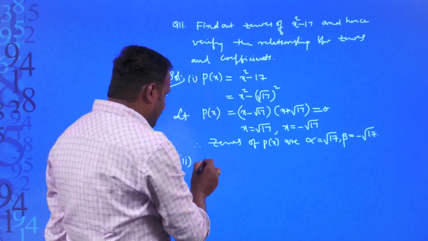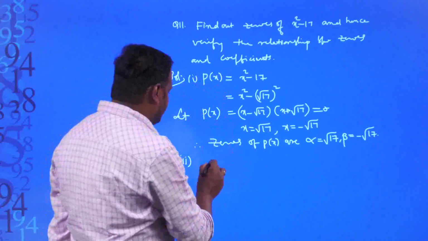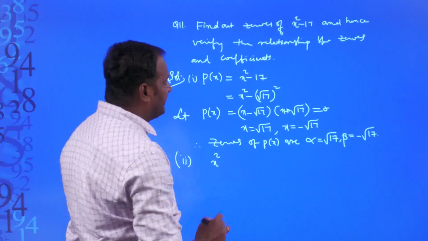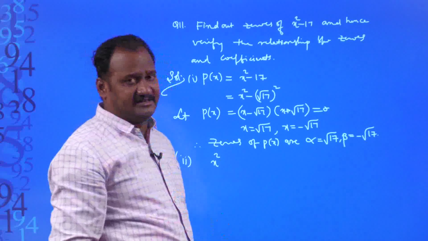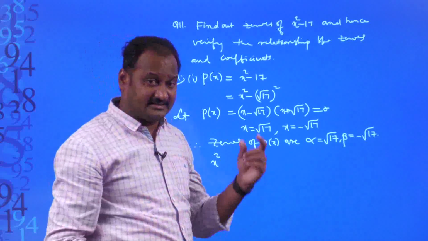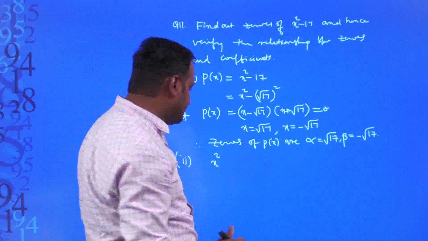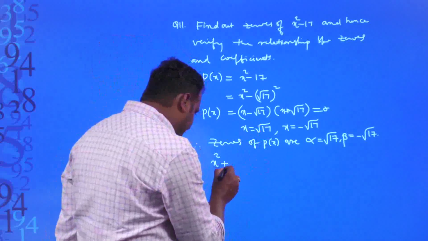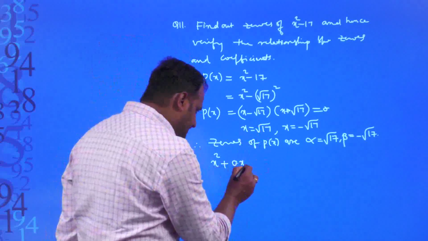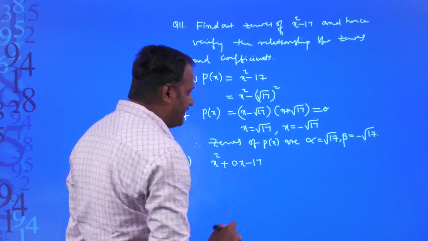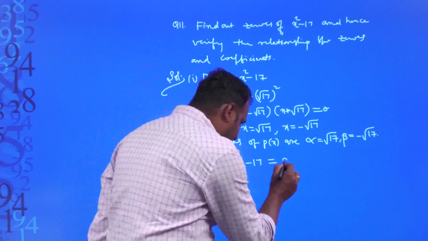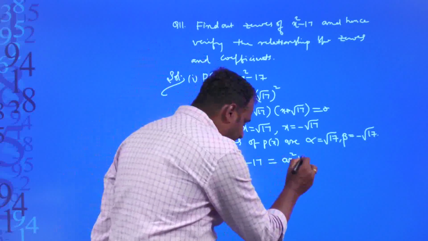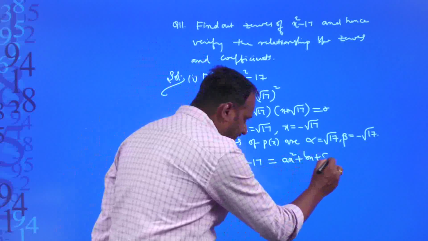What is that given polynomial? X square minus 17, but x square minus 17 is not in the standard form because the x term is missing there. So, that is why I am writing this as x square plus 0 into x minus 17, with the standard form ax square plus bx plus c, right.